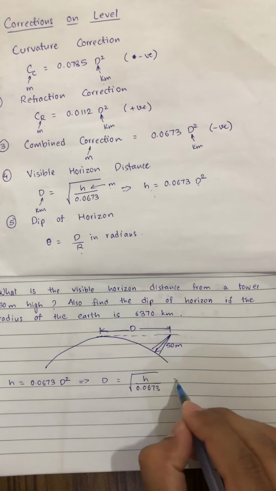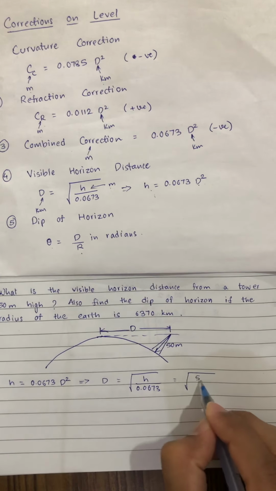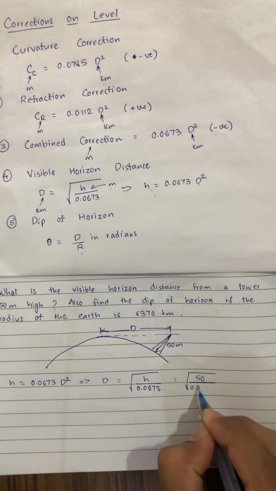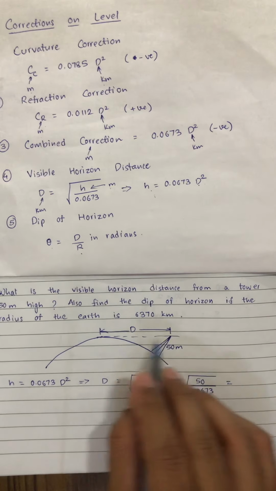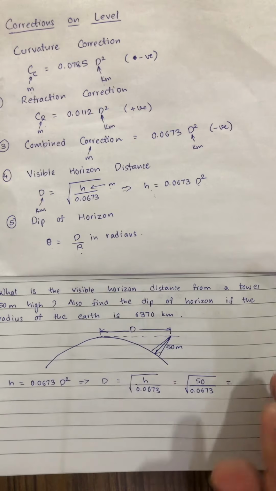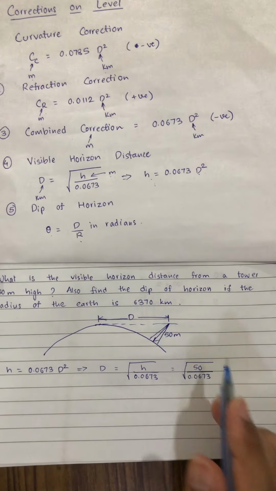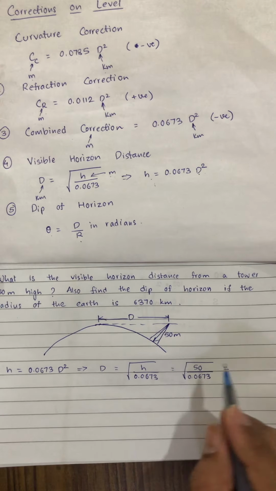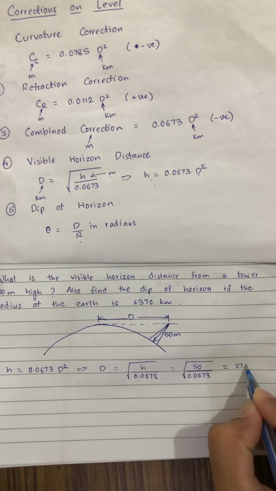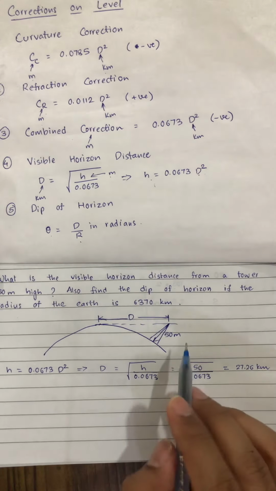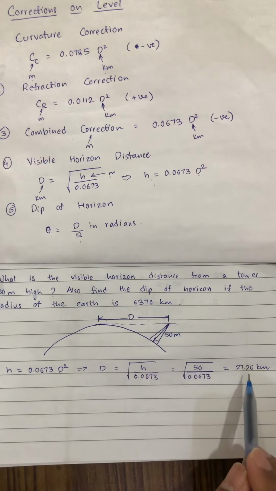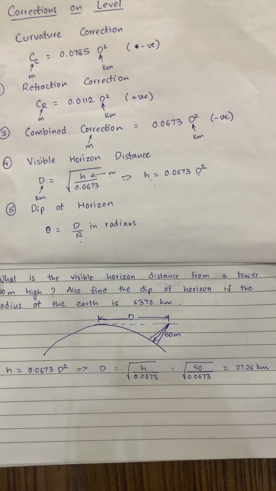So simply substituting, under root of 50 upon 0.0673. This d is the visible horizon distance. On solving, the value comes out to 27.26 kilometer. Because h is in meter, this d will be in kilometers.